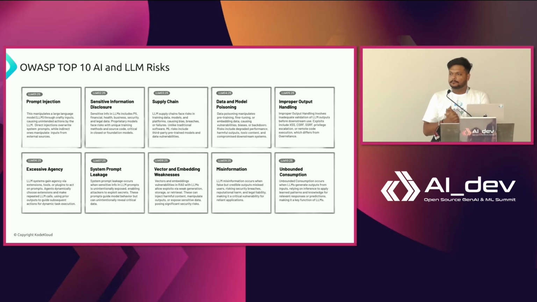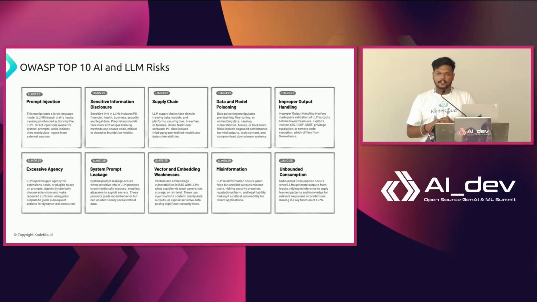So my session is on vulnerability. I think you guys have heard of OWASP. OWASP is the Open Web Application Security Project. They generate lists, tools, and policies throughout the year for different organizations. It's a top 10 list of AI and LLM risks identified by OWASP.